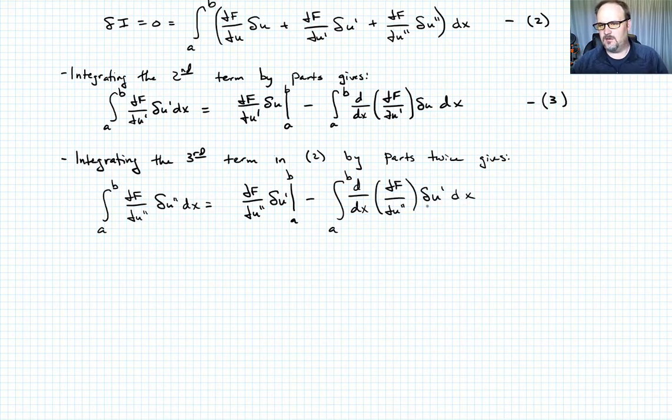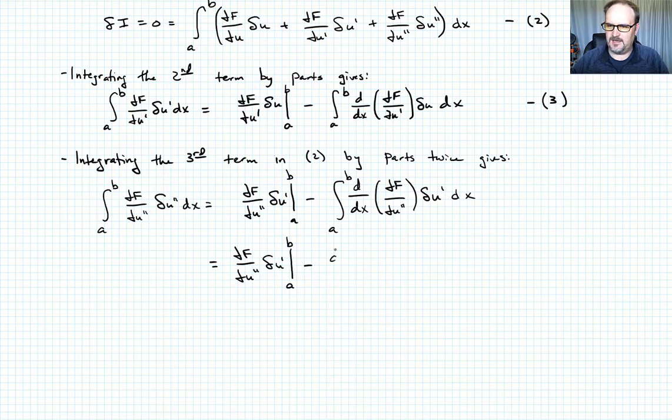Now I'm going to integrate this integral by parts, and when I do that, I'll just bring this first term down, partial f with respect to u double prime delta u prime evaluated at a and b.